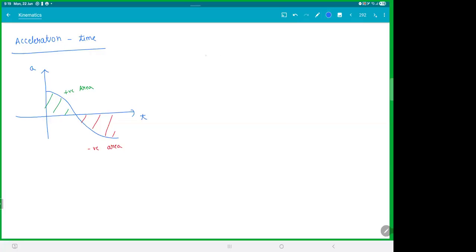So here slope technically has no meaning there. Yeah, there is a name for it. dA by dt, they call it jerk. Rate of change of acceleration, we don't use it. So really don't worry too much about it. So the primary thing that we use here is area, which is integral a dt, which gives you change in velocity. Most common mistake, people think it gives you final velocity. No, it gives you change in velocity.